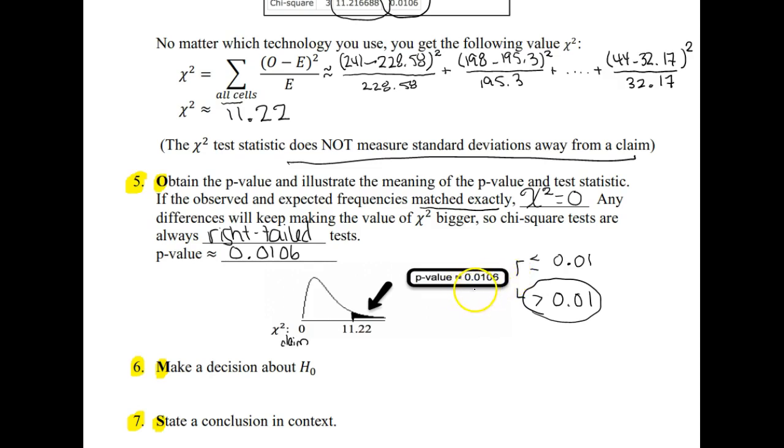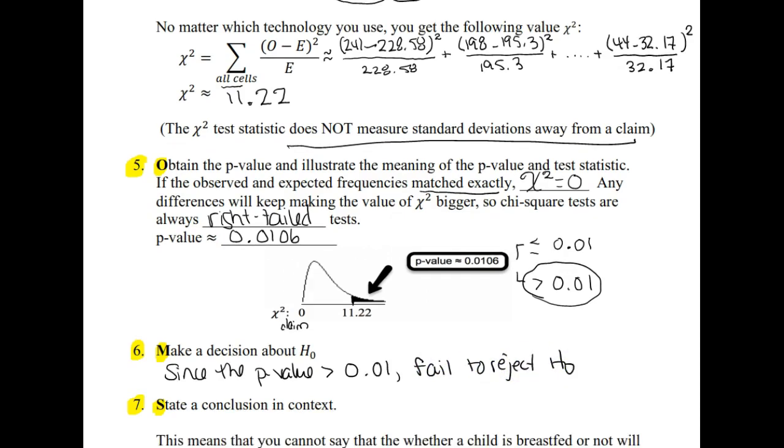We wouldn't want to round this to 0.01 because then we would think it was equal to 0.01 and we would end up rejecting, where instead we should fail to because it is slightly bigger than 0.01. So in this case, since the p-value is greater than 0.01, we will fail to reject H0.